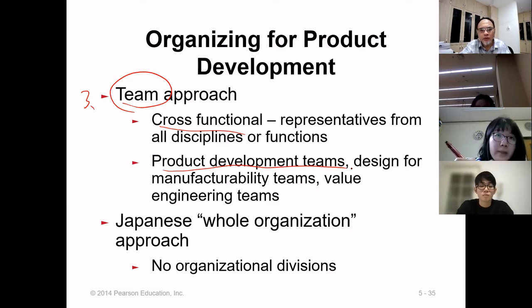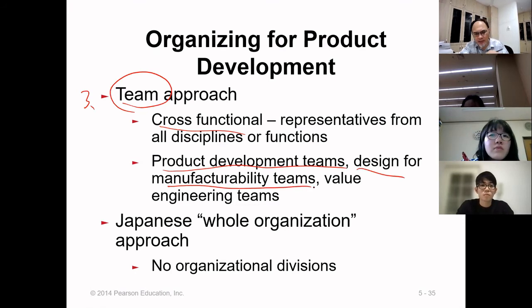they are going to also look into design for manufacturability, whether it is manufacturable. Are there manufacturing problems or not, okay, during the design stage. I mean, you build quality during the design stage. And also they look for value engineering. Value engineering means whether the material that we use meets the function or not?